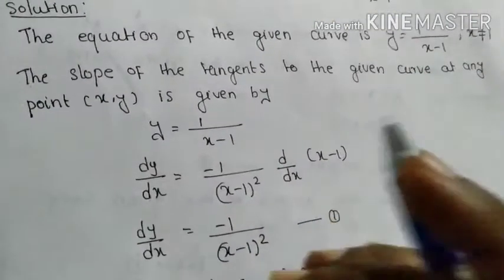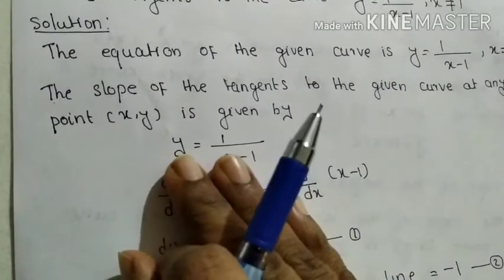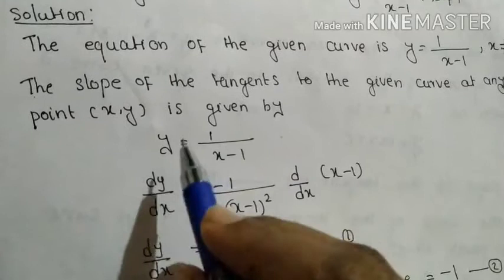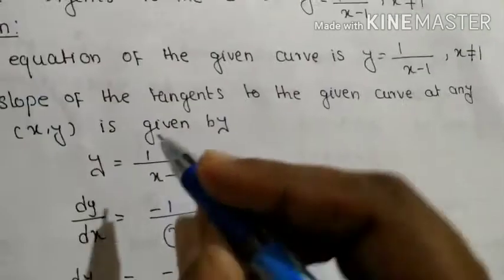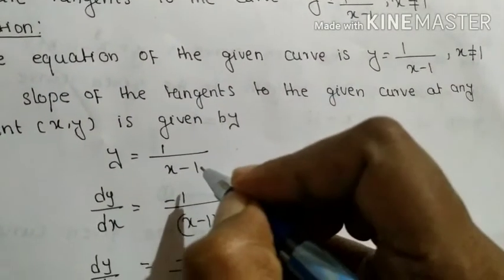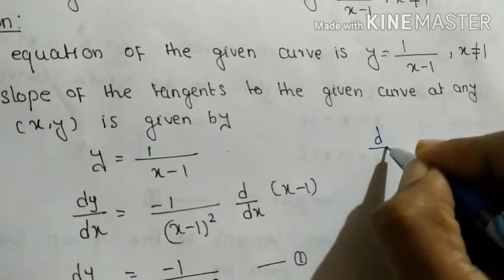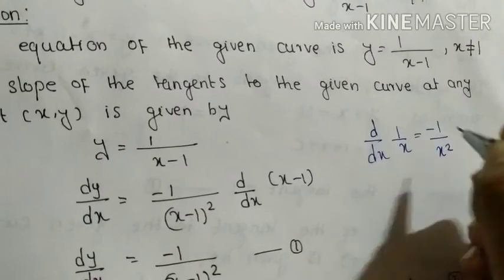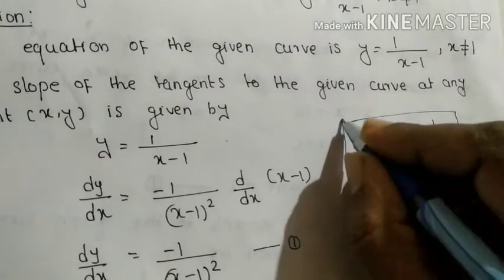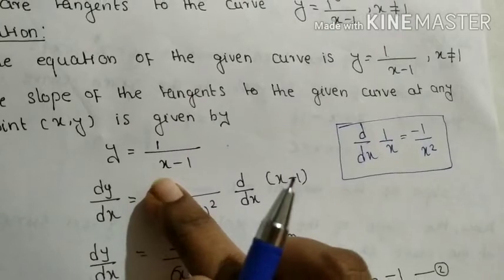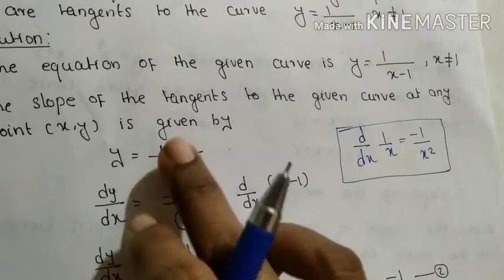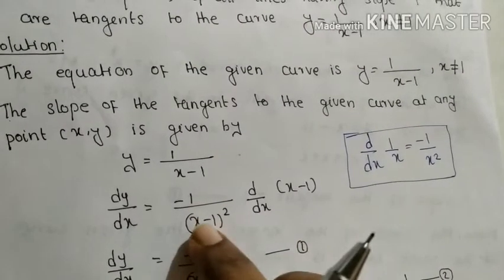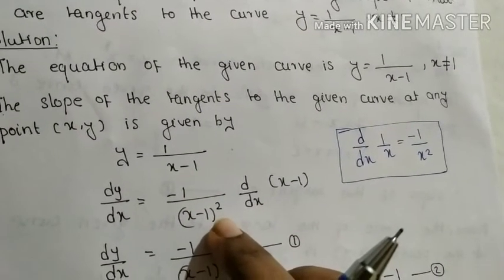Differentiating, we get dy by dx equal to the derivative of 1 by x minus 1. We know that the standard derivative of 1 by x is minus 1 by x square, but here, replacing x by x minus 1, we get the derivative of 1 by x minus 1 as minus 1 divided by x minus 1 the whole square.